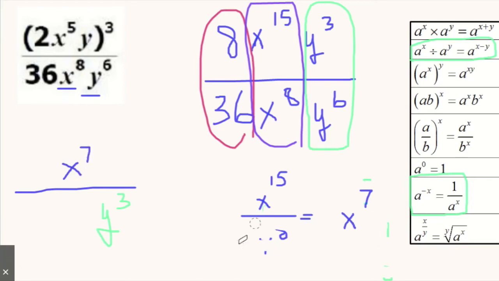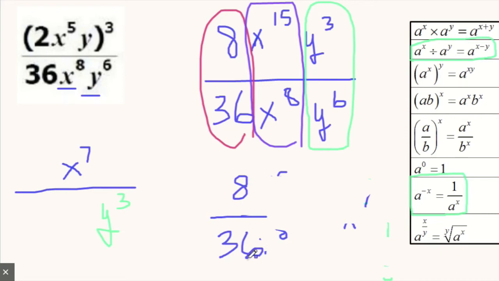And lastly, we have our numbers. We're going to simplify 8 divided by 36. Now you might already know what this is, but if you don't, let's do what we would do if we have more complex numbers. We would divide them by their common factor. In this case, you can start with 2.